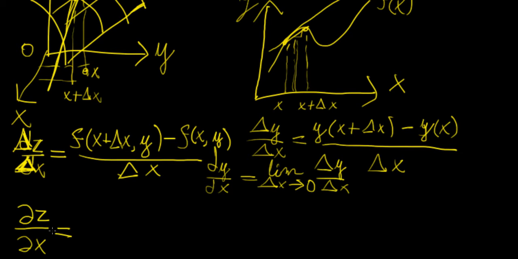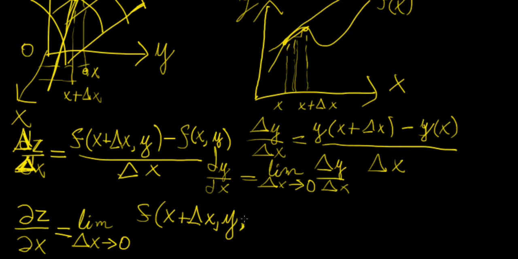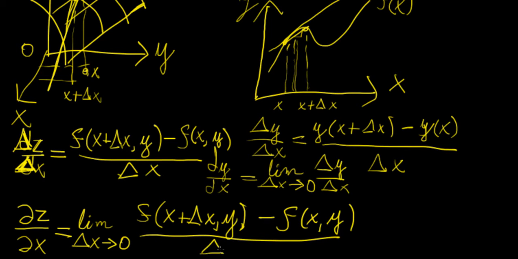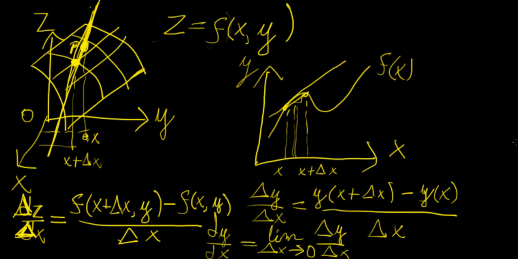So this is going to be equal to the limit as delta x goes to 0 of the function f of x plus delta x, y, minus f of x, y, over delta x.